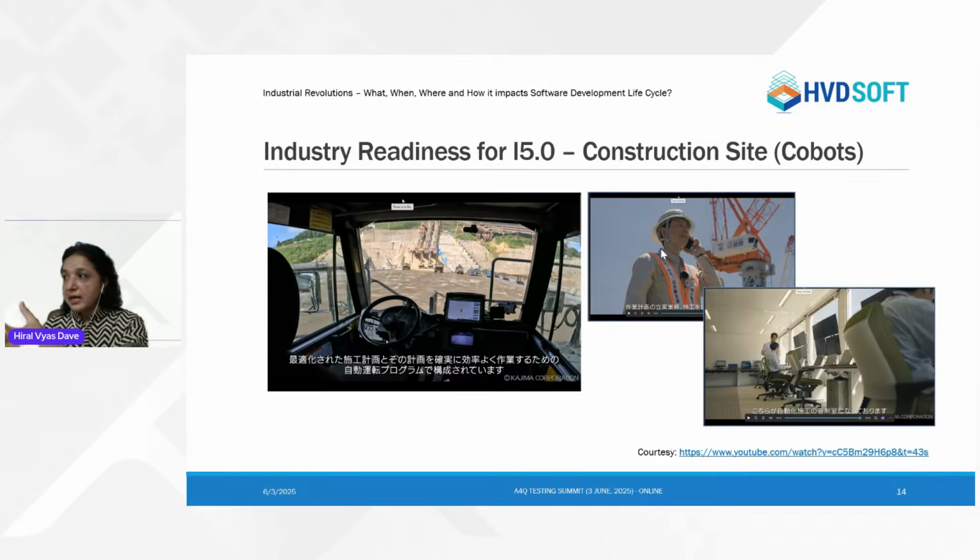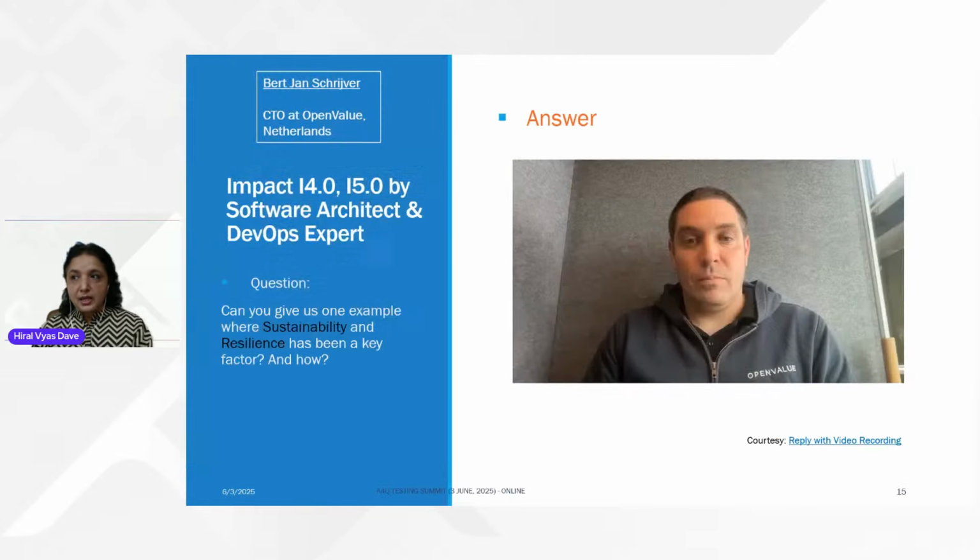And the people sitting in the monitoring cabin put things in the digital twin, figure out what the issue is, and then send the solution to this person. So before any anomaly or failure happens, this cobot system, working together, is going to solve it. This is the kind of readiness people are having for Industry 5.0.